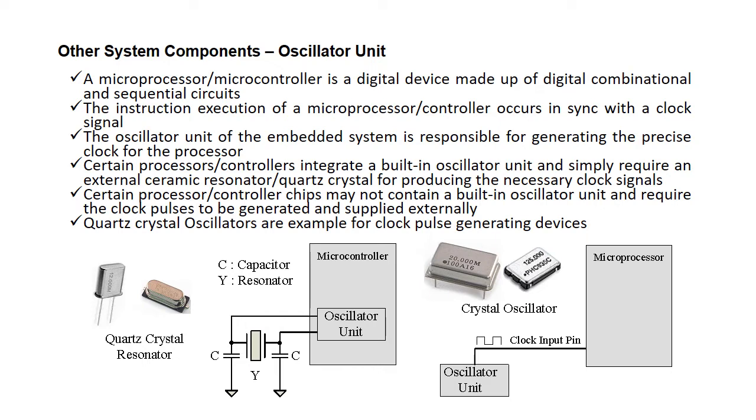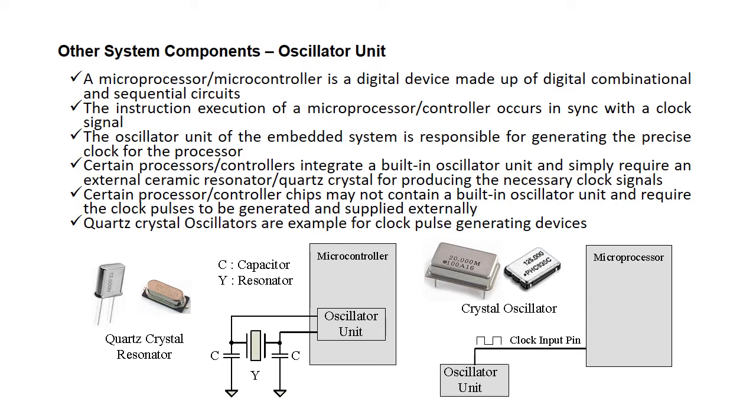The other system component is the oscillator unit. The oscillator unit is a very important part of an embedded system because the oscillator circuit generates clock signals which act as a timing reference with respect to which all the operations of the processor or the controller take place.